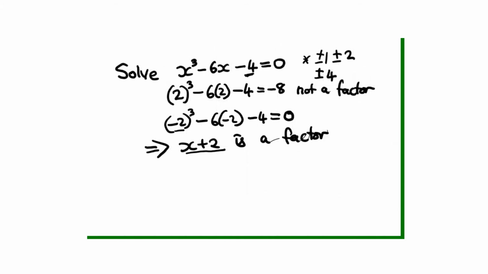But before the long division, we need to also note that x cubed minus 6x minus 4 is the same as, because there is no term in x squared, which means we must put a placeholder. Therefore, it will now be x cubed plus 0x squared minus 6x minus 4.